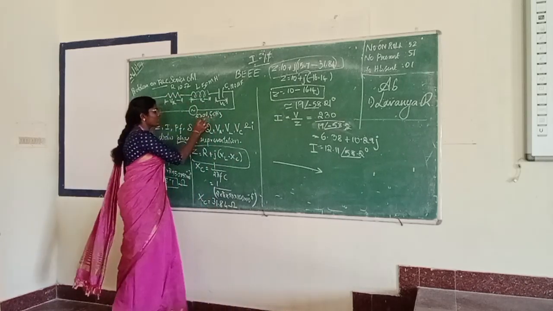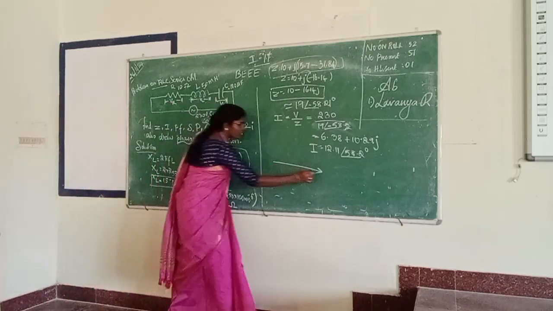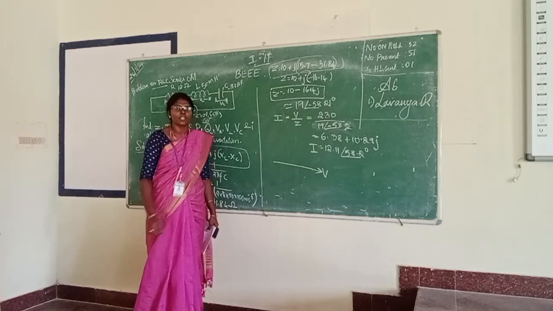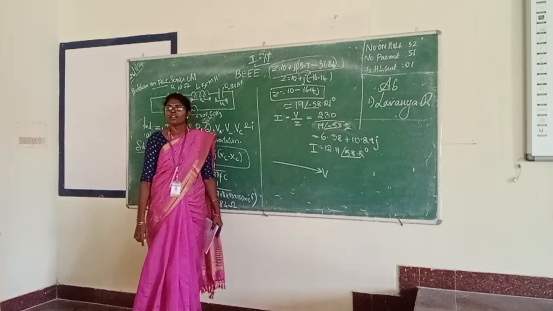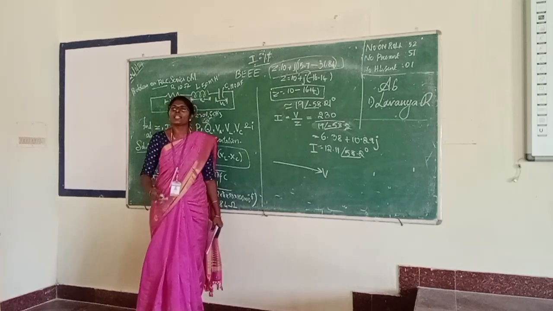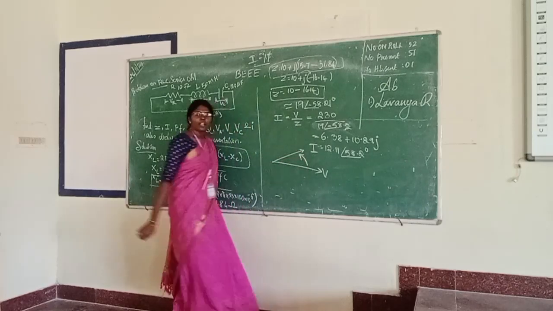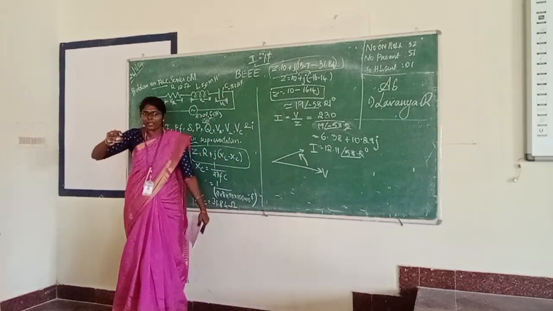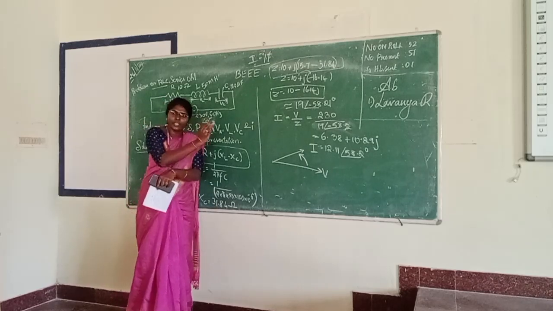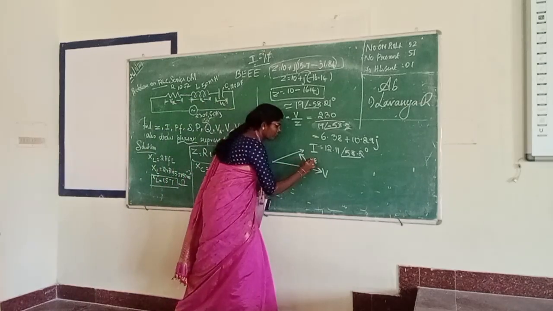It is assumed that voltage is at 0 degree. So if this is the axis for voltage, the current will be leading, that is, the current leads the voltage. Voltage is the base at 0 degree. Current is leading by about how many degrees?